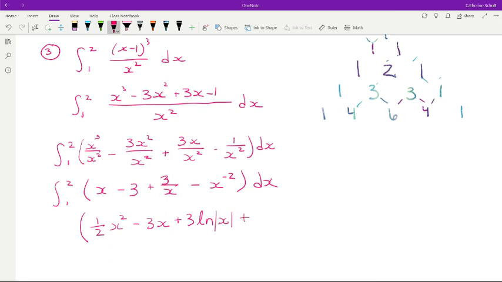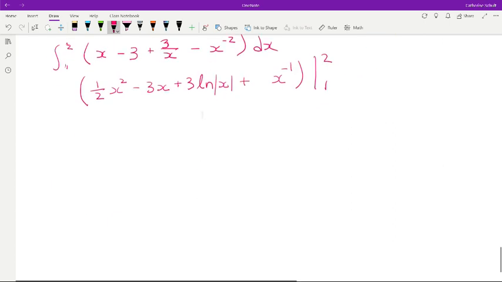But it doesn't really matter because our interval is from 1 to 2, right? And then finally here, our new exponent is going to be negative 1. And then it will be minus negative 1 times this. So minus minus becomes plus. And we're going to evaluate that from 1 to 2.